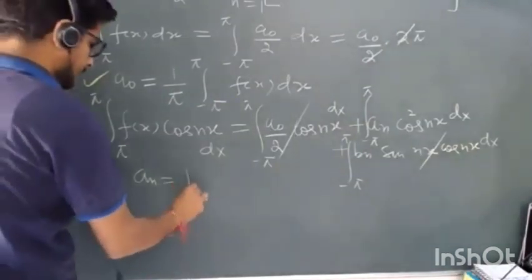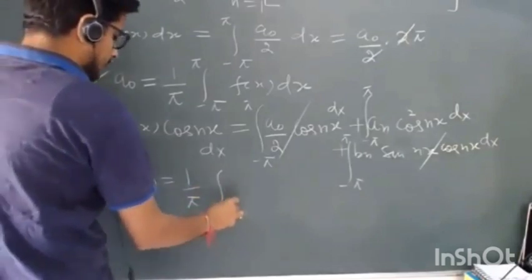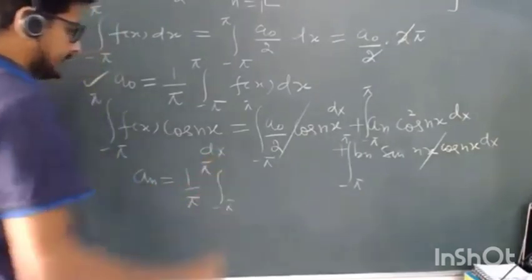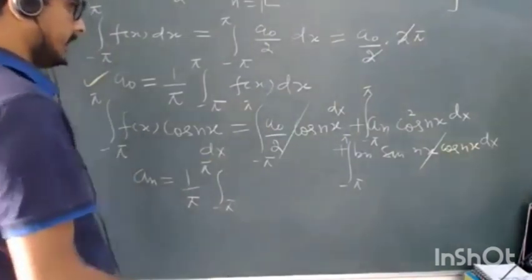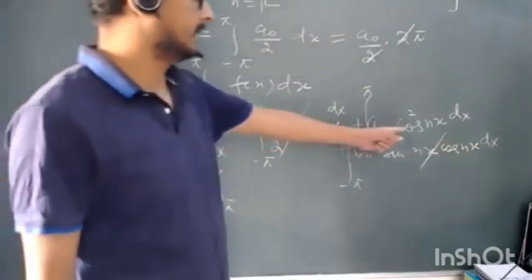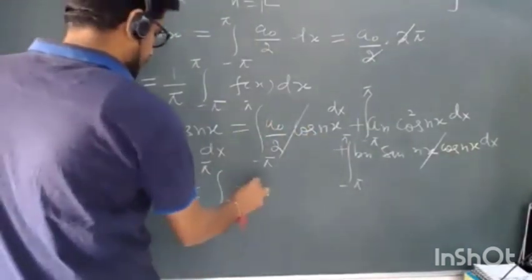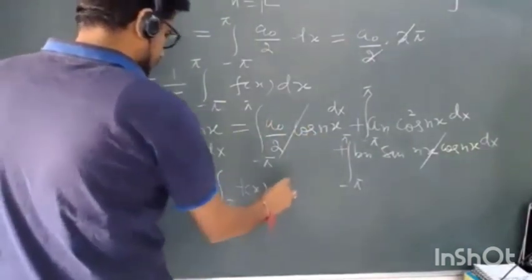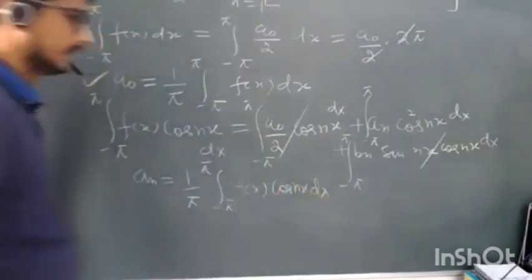So the value of an will be equal to 1 by pi integration from minus pi to plus pi, and this cos square, so this will become f(x) cos of nx dx.